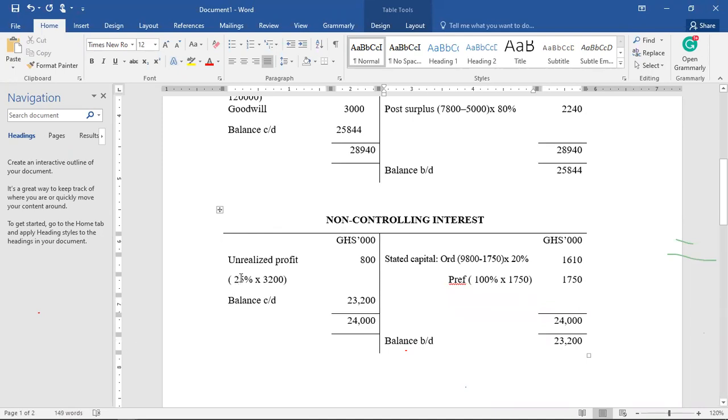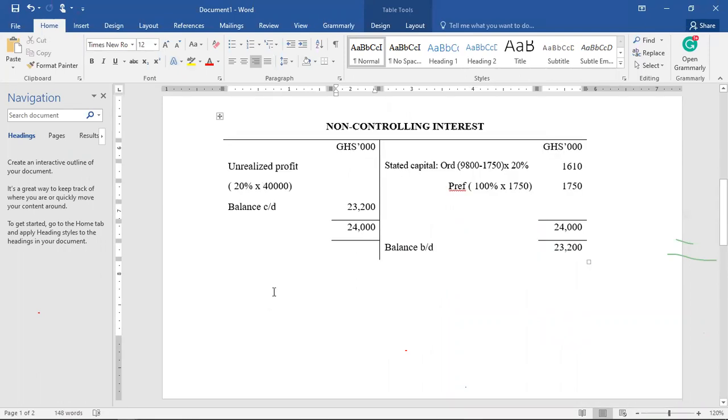Then unrealized profit is going to be 20% of the 40,000. How much are you getting? 8,000. You are getting 8,000. So you write only 8 over here.